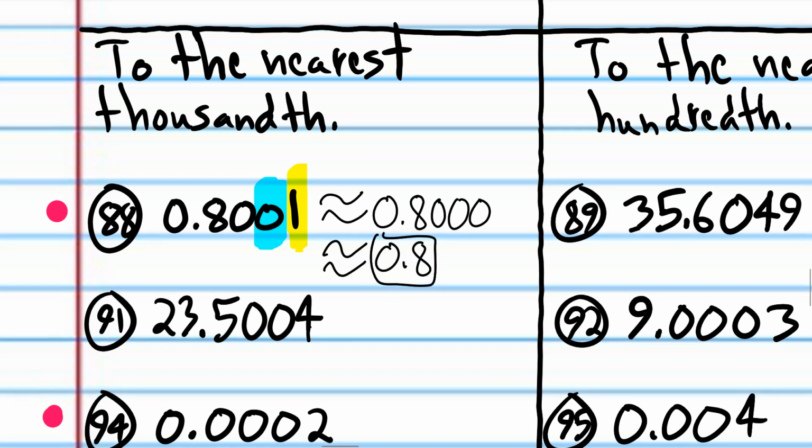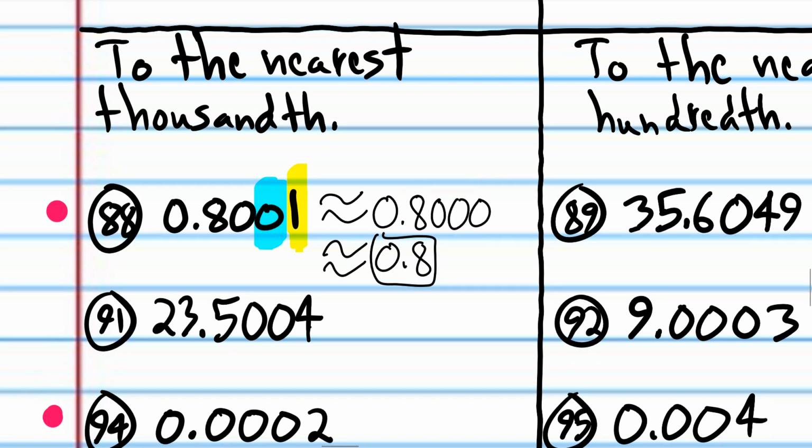Now, writing 0.8000, that's not incorrect. That's correct. But engineers and scientists are going to laugh at you because they know you can just write it as 0.8. Why in the world would you write it as 0.8000 when you can just write it as 0.8?